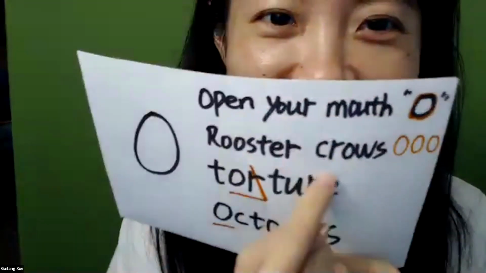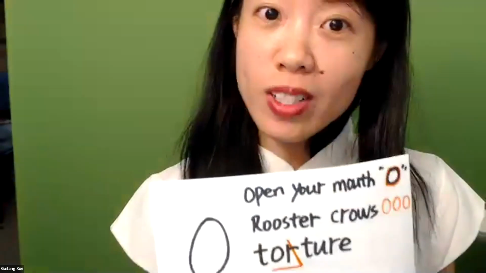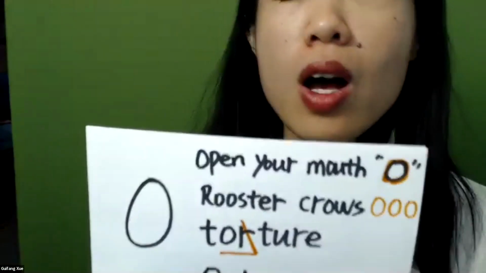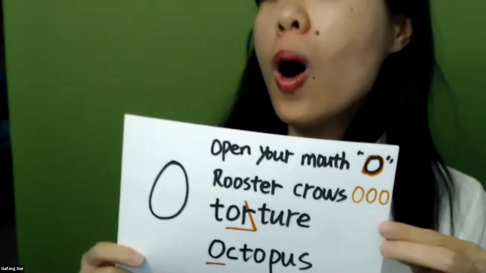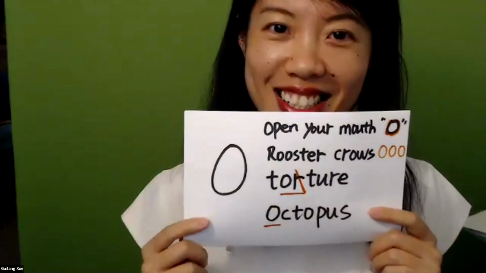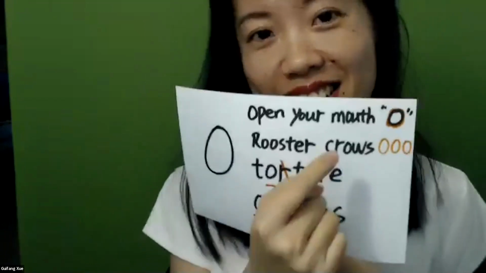And how do I associate the sound? Maybe you can see, I took the notes here. It sounds like a rooster sound. So the rooster crows, oh, oh, oh. So that's how I associate. Oh sounds like a rooster sound.